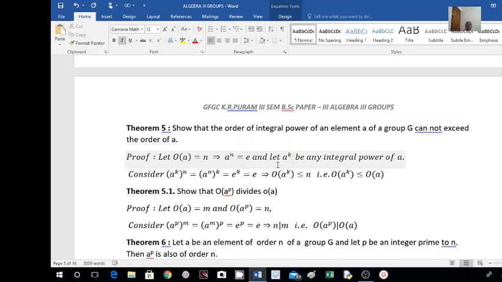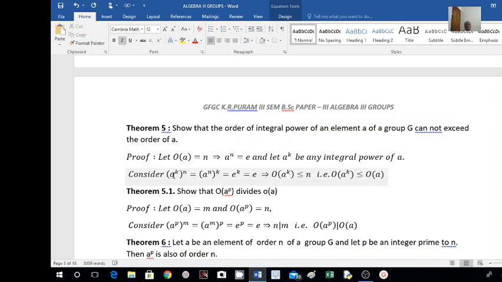I have to show that order of A raised to K is less than or equal to order of A. For that, I will consider A to the power K, to the power of N. This can be written as A to the power N, to the power of K. What is A raised to N? It is equal to E. E to the power of K means this is equal to E itself because E is the identity element.